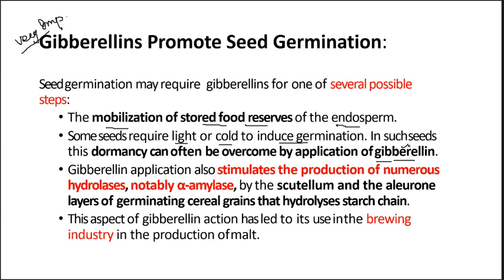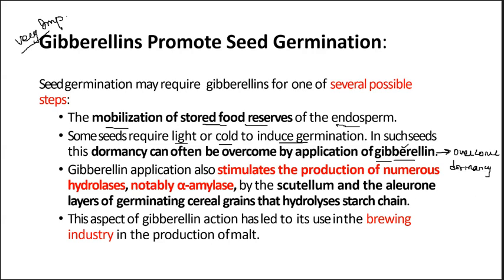So gibberellin can substitute, or help to overcome dormancy. Seeds break dormancy when they have favorable environmental conditions. But when the favorable environmental condition is not there and gibberellin is applied, the dormancy can still be overcome.